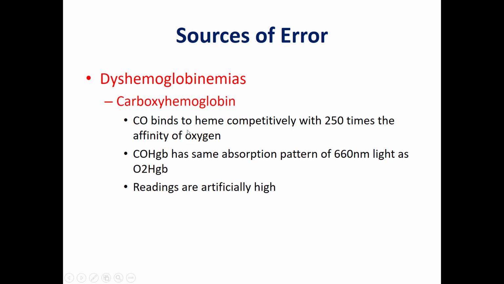We have the problem of carboxyhemoglobin: the CO bond, which is carbon monoxide, has an affinity 250 times that of oxygen. That means the bond is 250 times stronger than the oxygen bond.